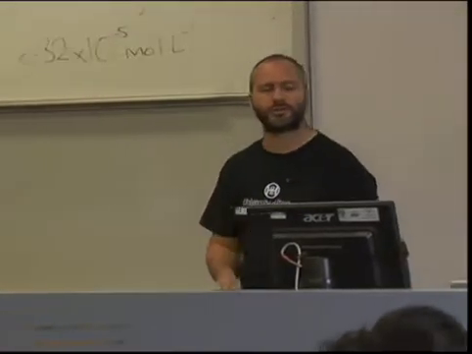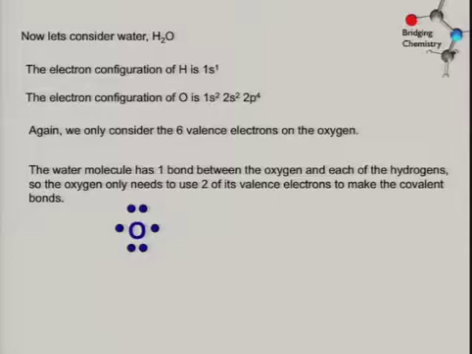We draw a picture like this, where here's our oxygen, and here's its 6 electrons, and what we do is we draw 2 of them by themselves. These are going to be the ones that we use to make the bonds to the hydrogens, so we can draw the hydrogens in, like that. The other 4 electrons that you have on the oxygen, we're going to draw as 2 pairs, because electrons like being in pairs.